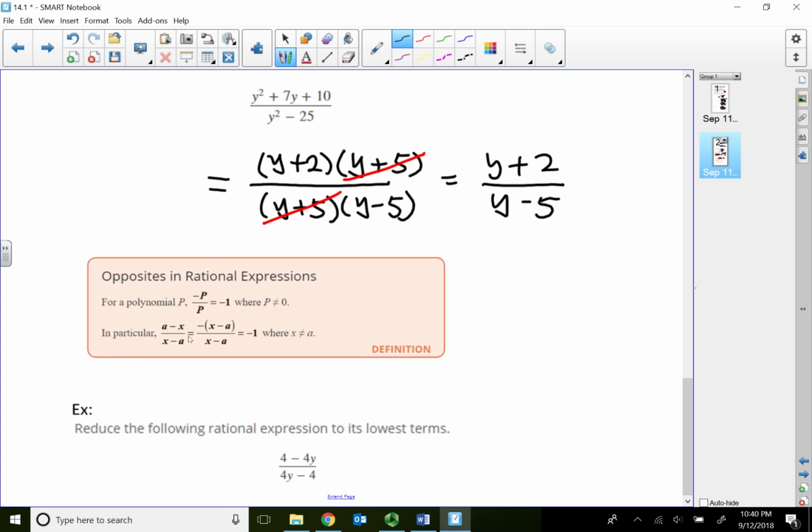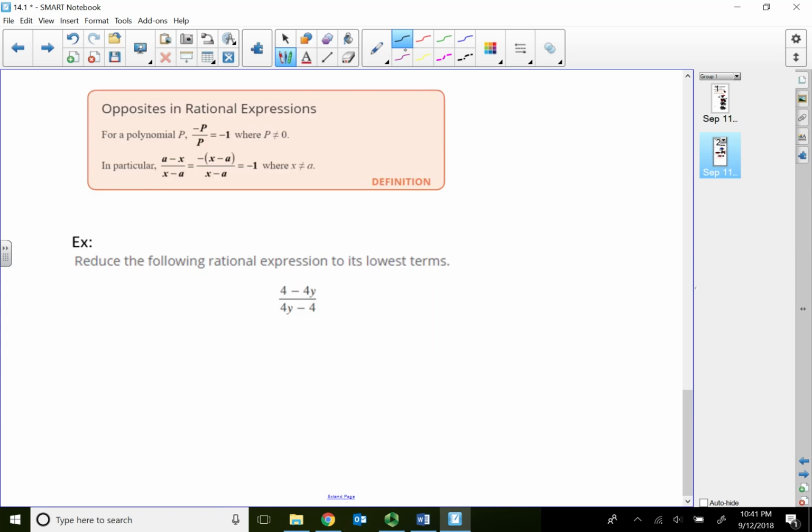In particular, if you see a minus x over x minus a, technically they are exactly the same factor, okay? They just differ by a negative sign, so they should be able to cancel each other out. So factors that are opposite in sign should always cancel out and make your answer a negative.